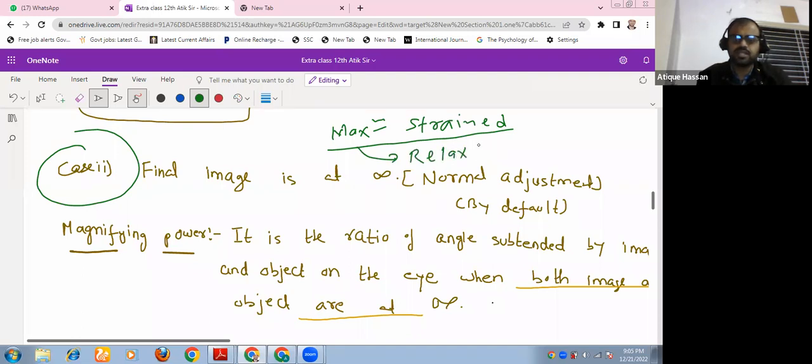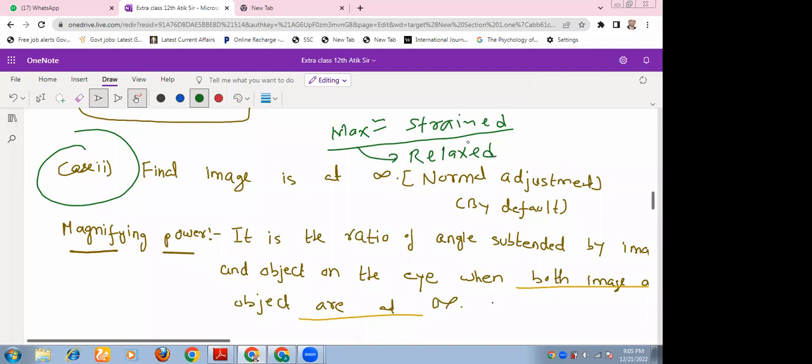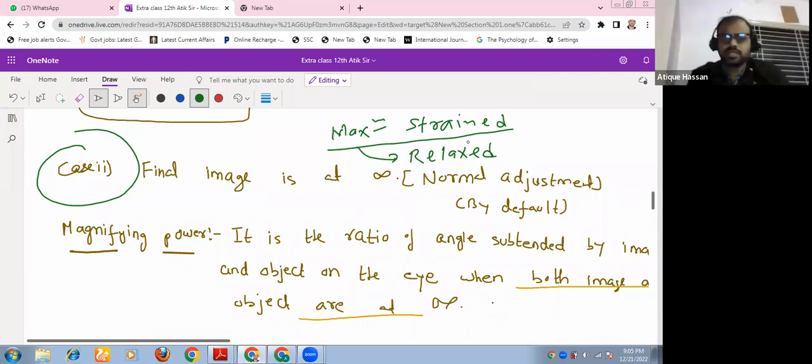Anyone having any idea? In the question, they will ask you to find the magnifying power of a telescope for the case when the image is formed such that the eye is maximum strained. Then what will you understand, is it normal vision or is it least distance of distinct vision?